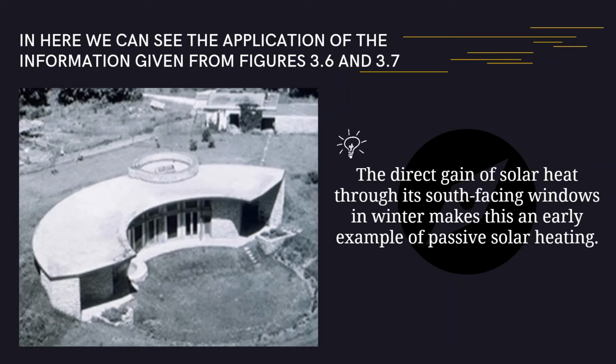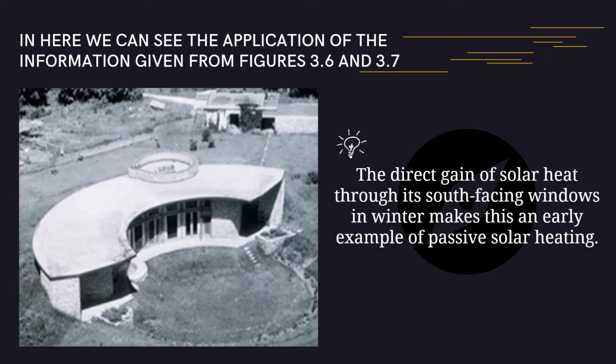This type of building has a direct gain of solar heat through its south-facing windows in winter, which makes this an early example of passive solar heating. By contrast, an active solar heating includes the collectors and the single-purpose storage volume for solar heat. This house is known as the solar hemicycle.